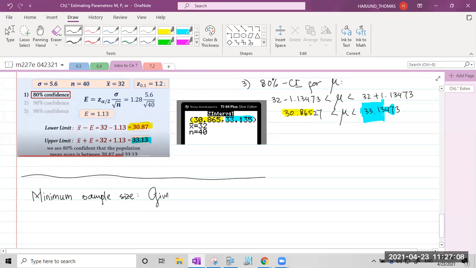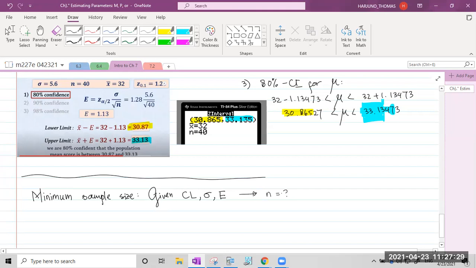Given confidence level, population standard deviation, and margin of error, can we find the minimum sample size?